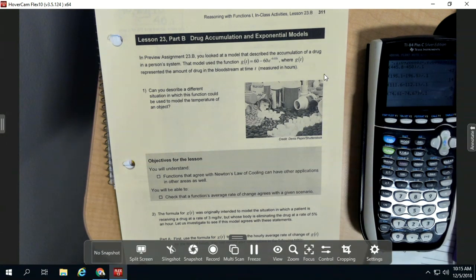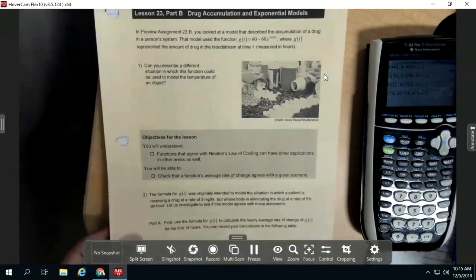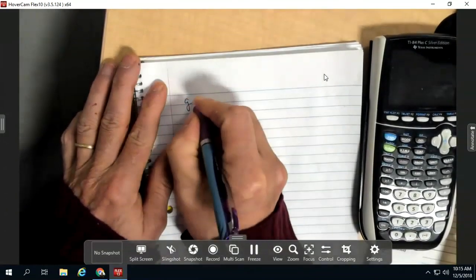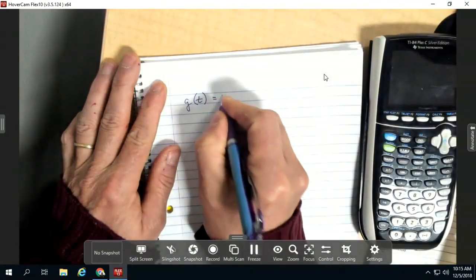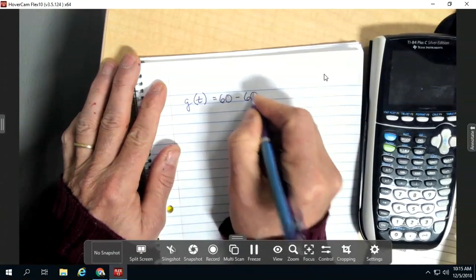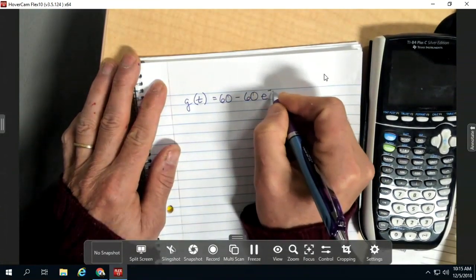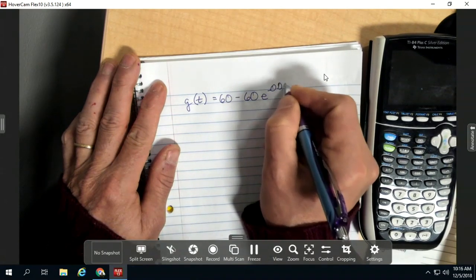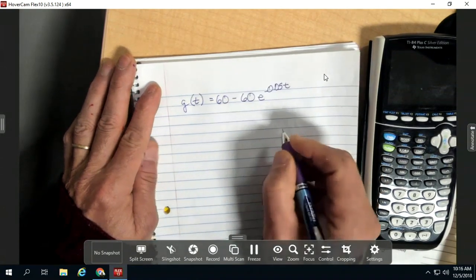So we're talking about a drug now, and it's an accumulation of a drug in a person's system. The model that we're going to use is G of T equals 60 minus 60 e to the negative 0.05 t.